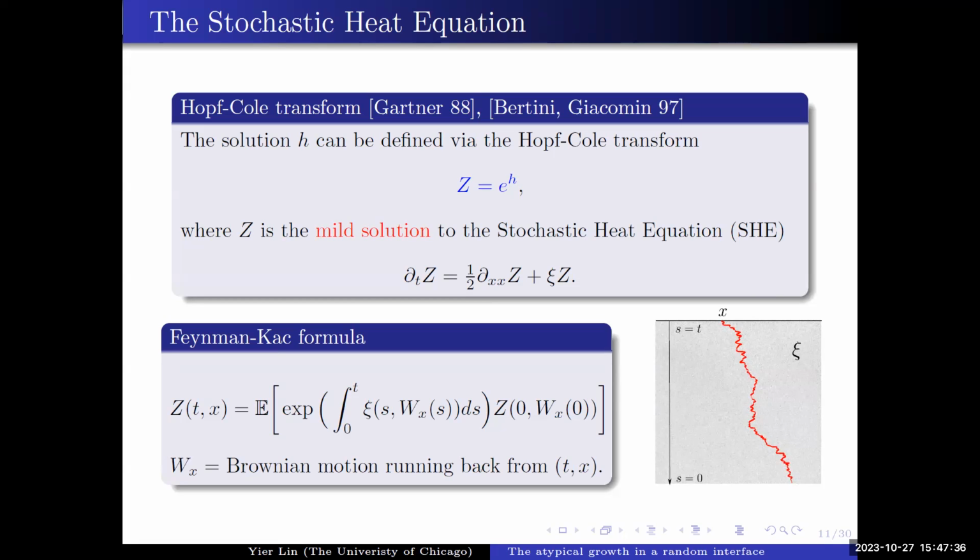The relation between the solutions to the KPZ and the stochastic heat equation is linked by this Hopf-Cole transform. The reason behind it is, if you assume everything is understood pointwise, so Z and h are all smooth functions, then you take the logarithm of Z, and you can just verify this h will satisfy the KPZ equation pointwise.